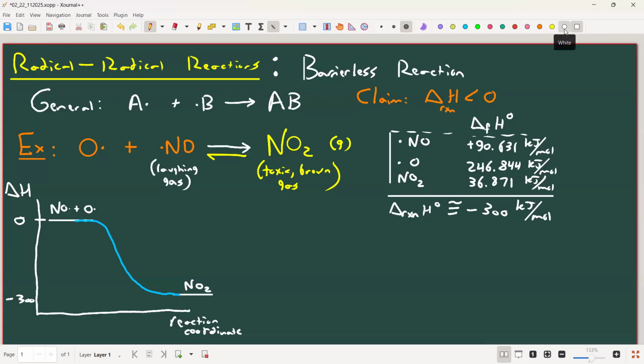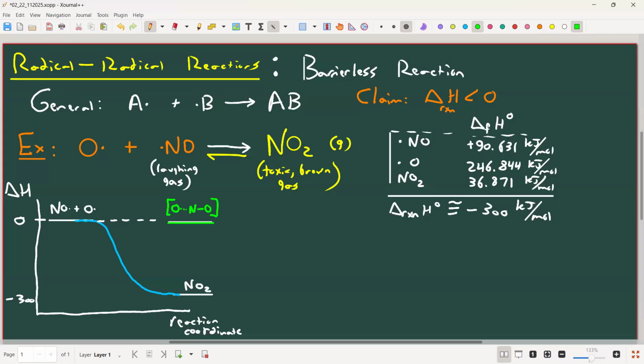And so N and O come together and they form something that basically looks like NO2 excited. Right? There's this intermediate step that has the same energy as the reactants. And this kind of looks like O forming a bond with NO. Right? Some excited combination of those atoms.